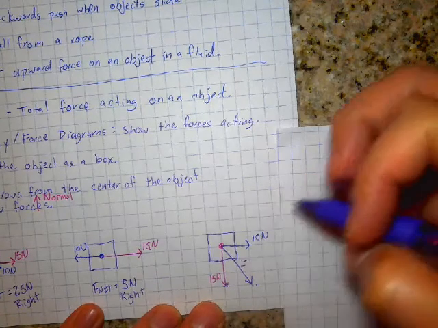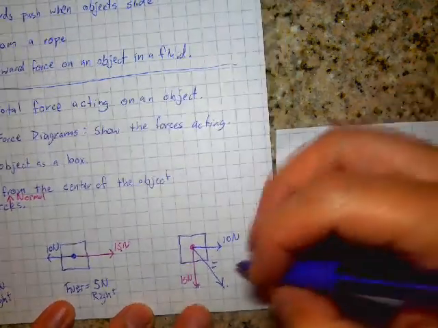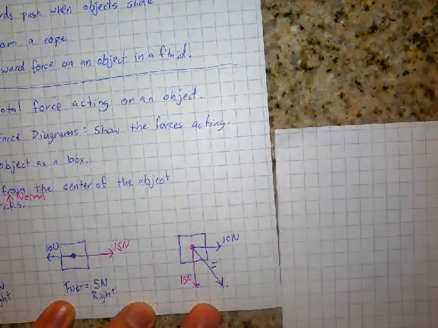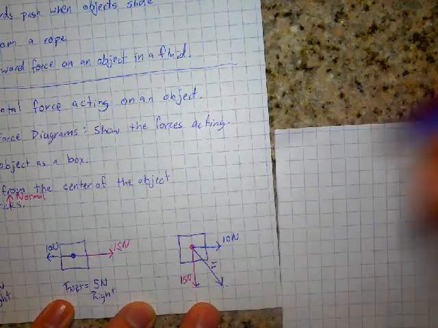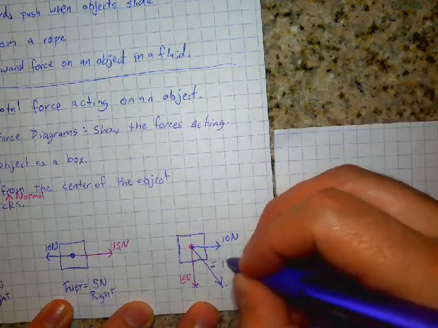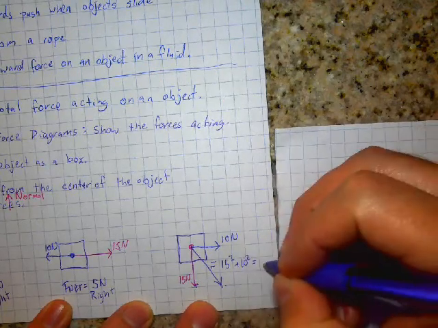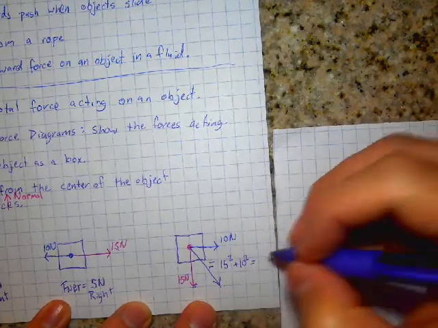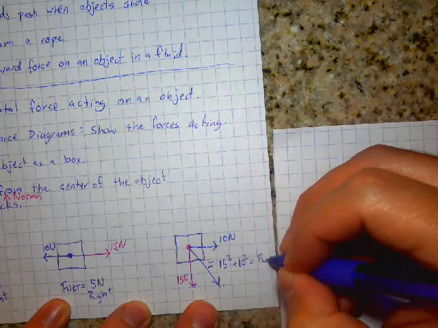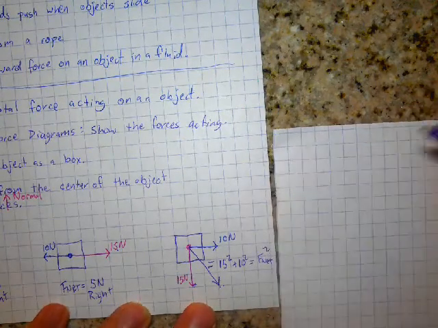So if I figure out what this is, I would use the Pythagorean theorem. So Pythagorean theorem is a squared plus b squared equals c squared. So 15 squared plus 10 squared is equal to this hypotenuse squared. So F net squared.